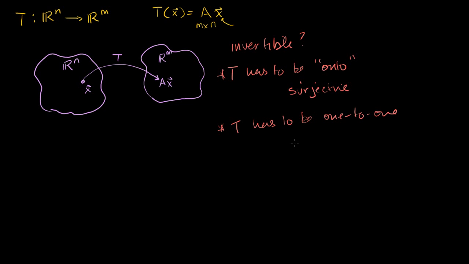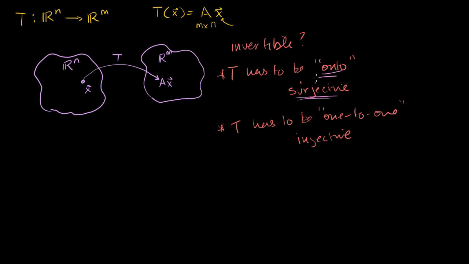The fancy word for that was injective. In this video, I'm going to just focus on the first one. I'm not going to prove whether T is invertible, but we'll at least try to figure out whether T is onto, or surjective.